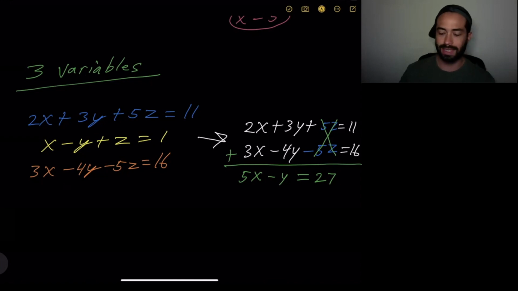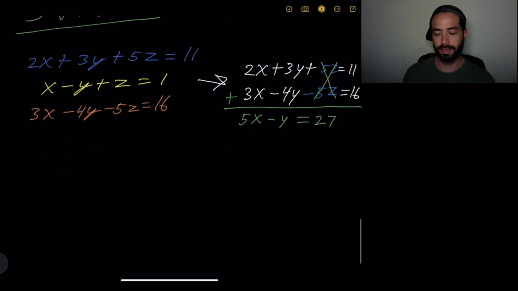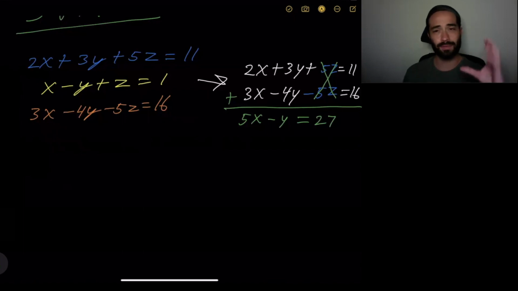So we're going to leave that alone for the moment. And what we need to do is pick two more equations where we can combine those together, and we will end up with an x and a y. And you'll see why in a moment.